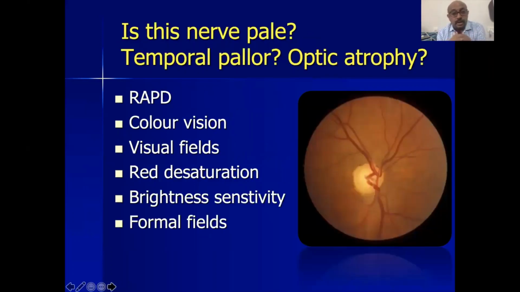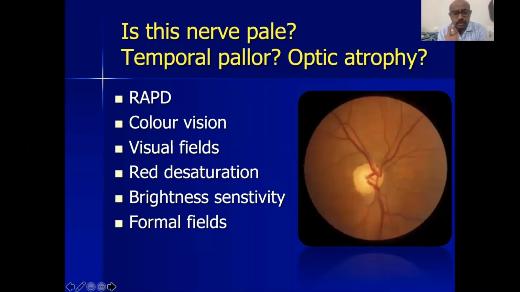So if you have done all that and you still don't have a conclusion whether this disc is really pale or not, then we go ahead and perform optic nerve function tests. The most important and objective optic nerve function test is RAPD. Perform the swinging flashlight test.